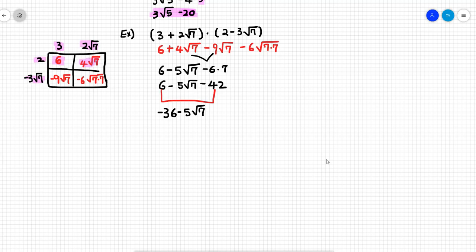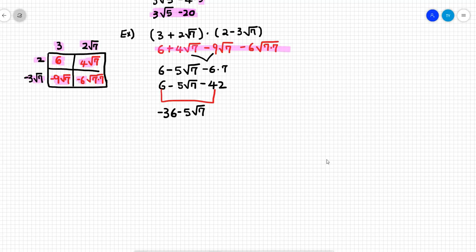And 3 times minus 3 square root of 7, you get minus 9 square root of 7. And 2 square root of 7 times minus 3 square root of 7, you get minus 6 times 7 times 7, right? So if you rewrite this, you will get something like that.